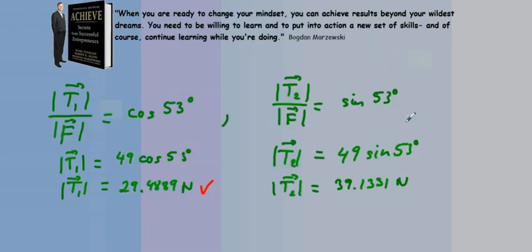Similarly, for setting up the tension T2 in the direction of 24 centimeters, we set up a sine ratio, and after calculating the ratio, we get 39.1331 newtons. So this is approximately the value for both tensions and the corresponding directions.